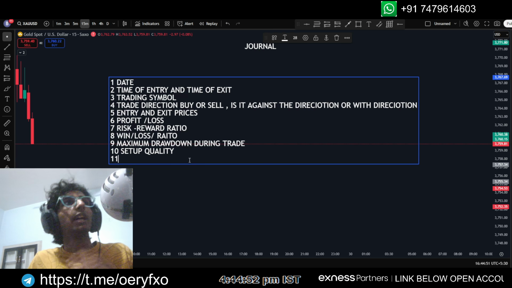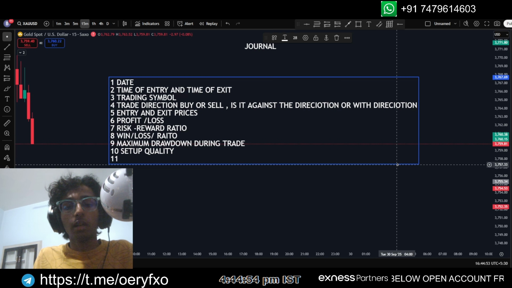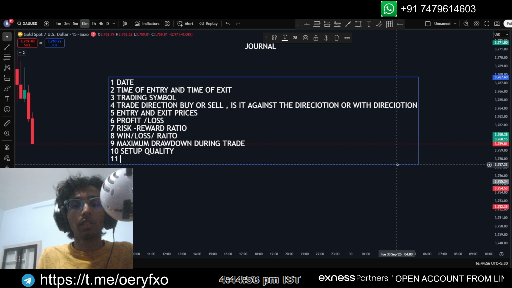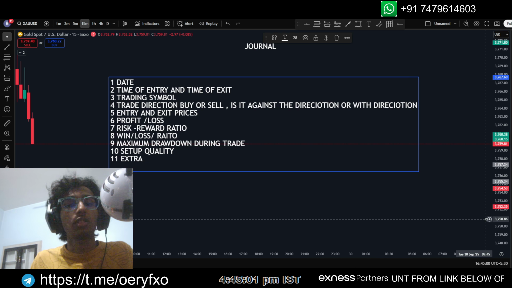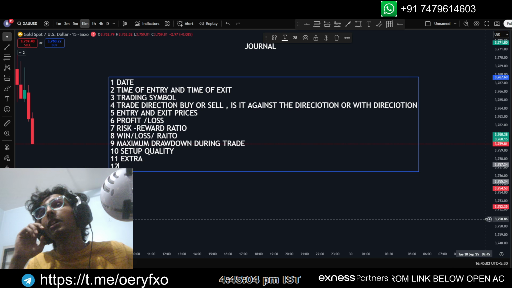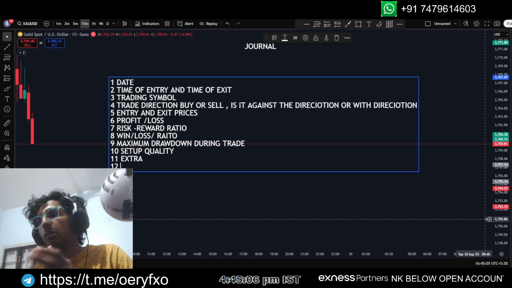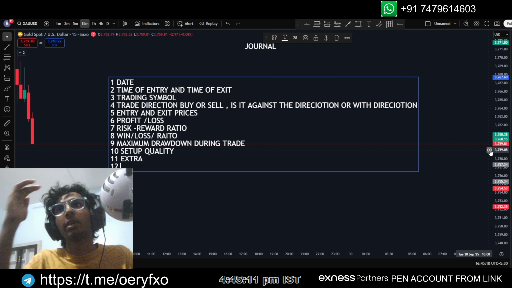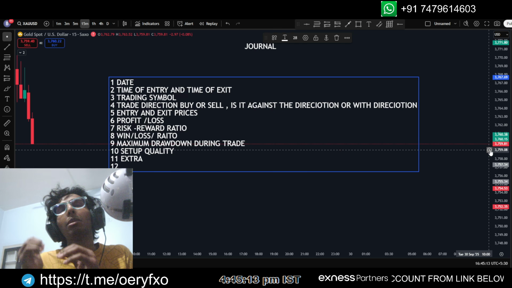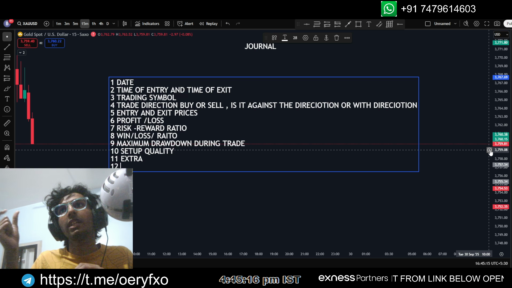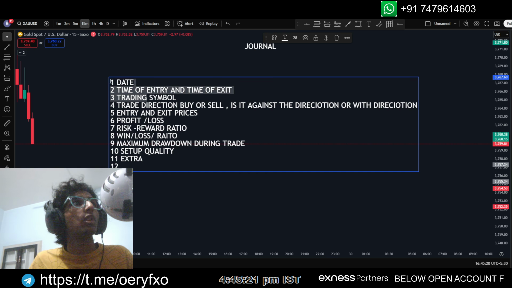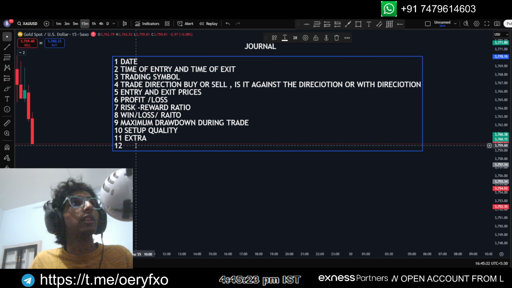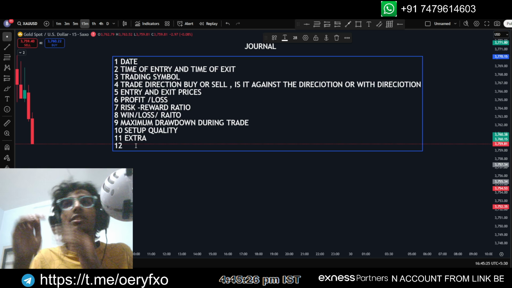The last few are just not to be entered as such. It's like an extras thing, a comment thing, like what you want to say about what happened during this trade. When you were entering, was it the trade that you were supposed to take, or you have been taking the same setups every time, like A or B setups, and then you have been seeing something different, a different pattern of the price movement whenever it touches some certain level.